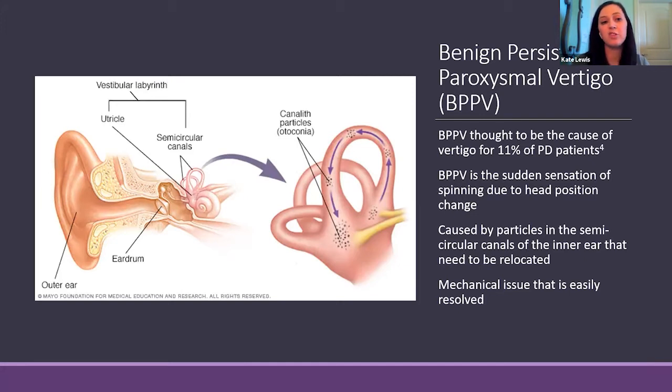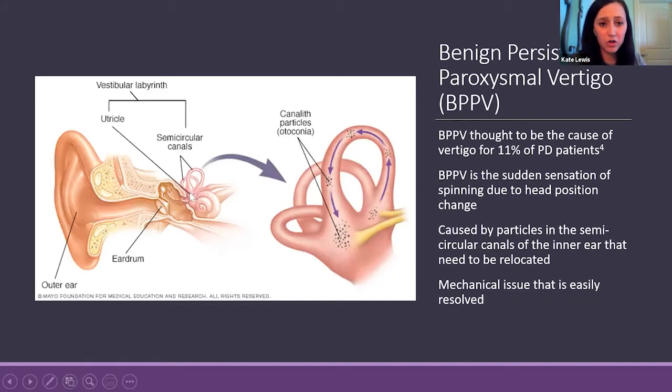It's thought to be the cause of vertigo for 11% of individuals with Parkinson's. And it's the sensation of a true vertigo, this violent sort of spinning. We kind of joke that it's called benign vertigo, but there's nothing benign about it. It's caused by particles in those canals that we were talking about at the beginning.